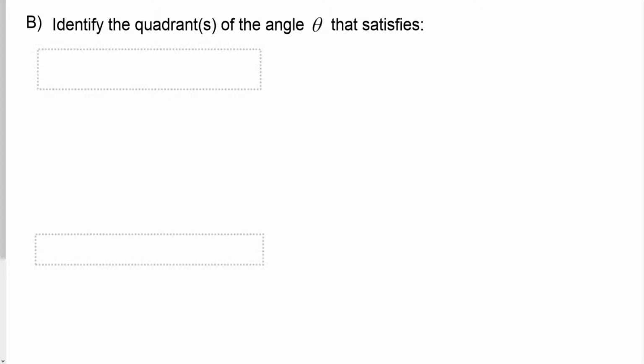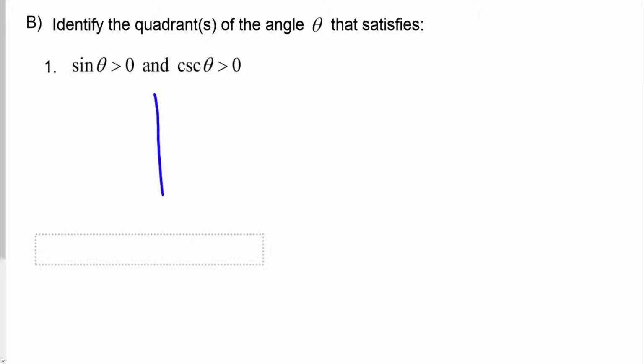All right, next example, identify the quadrant or quadrants of the angle theta that satisfies sine of theta is greater than 0 and cosecant of theta is greater than 0. So to do this, you just need the idea of where your sine and cosine, tangent, those trig functions are positive and negative.